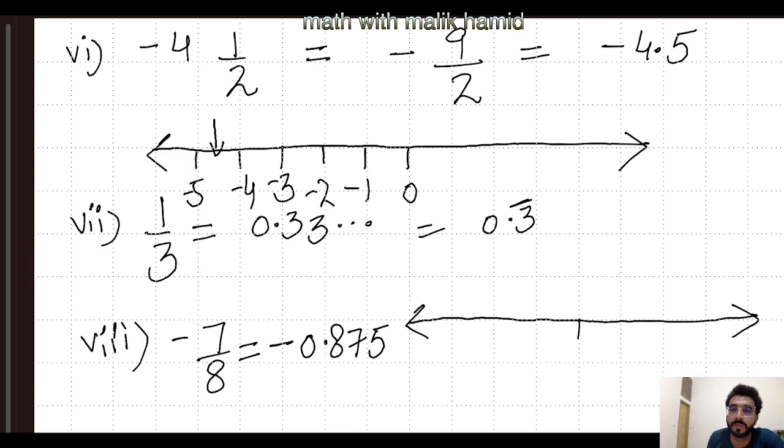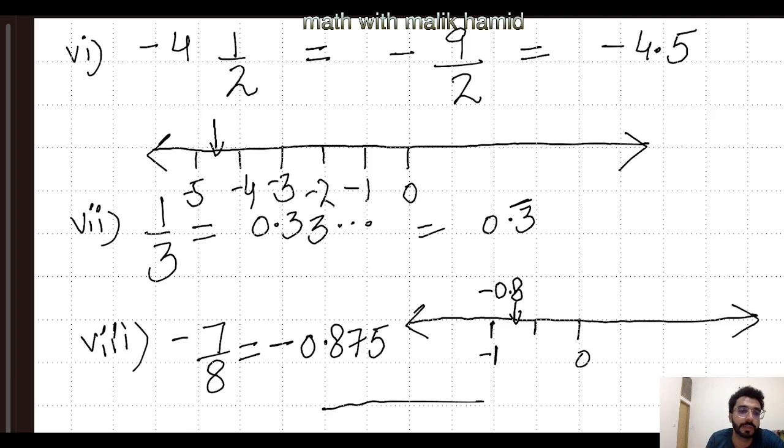If you take this as minus 1 and this as 0, then 0.5 will be here, approximately minus 0.8 will be here. Yes. So we have completed question number 1 of exercise 1.1.